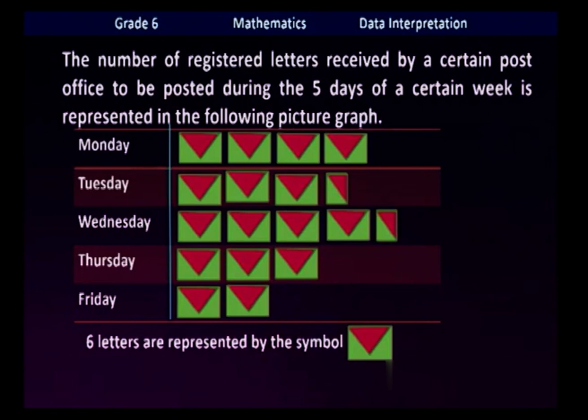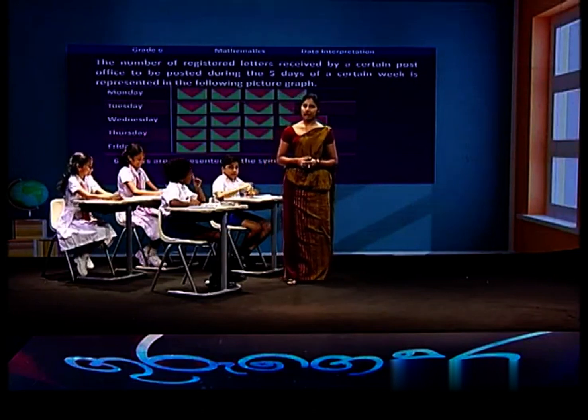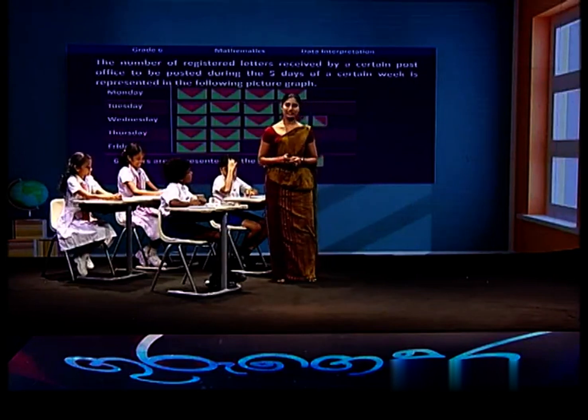Symbols have been used to represent these data. Tell me how many letters are represented by this symbol? 6. Very good. 6 letters are represented by the symbol. Who can give me the answer if the symbol is half? How many letters? 3. Yes, very good. The symbol represents 6 letters. Half of the symbol represents 3 letters. Very good.